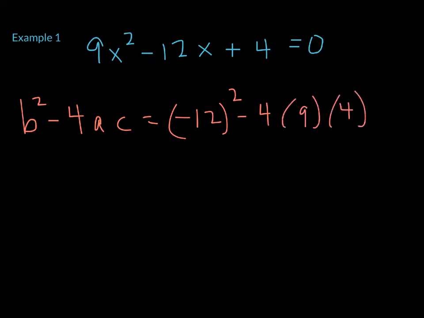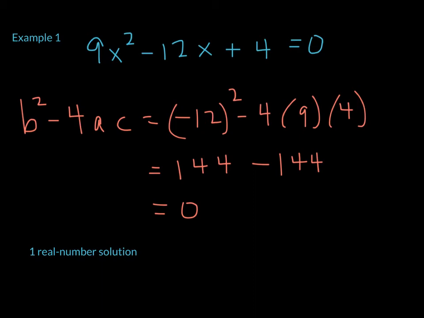So this is 144 minus 144. The discriminant is equal to 0. Because the discriminant is equal to 0, we know that there will only be one real number solution.